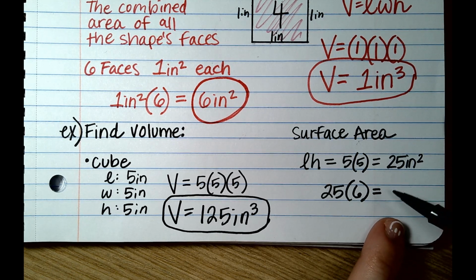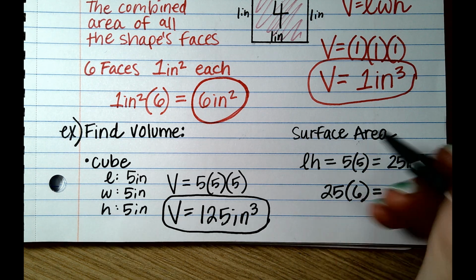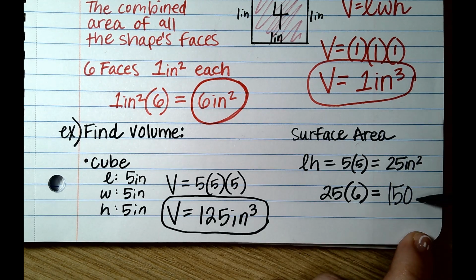And what does that give us? It'll be a little bigger than 30. What was it, Lisa? 150. Yeah, 150. Good. And that's still inches squared.